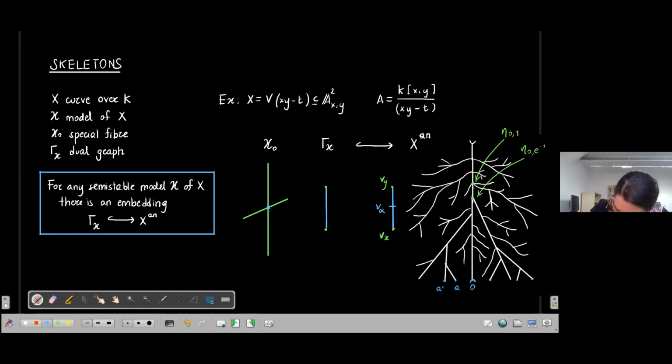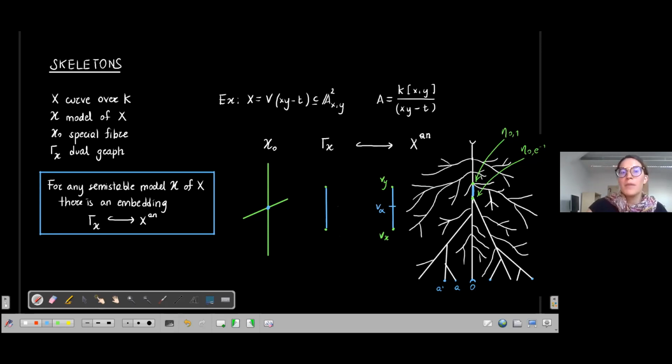And the edge in between corresponds to the path that connects these 2 points. So the reason why I introduce the models is because they come from the geometry of our curve, and they will give us, via the dual complex, some nice subset inside the Berkovich space. Okay, so this is the reason why we are studying this degeneration, because then we can get a nice subset.